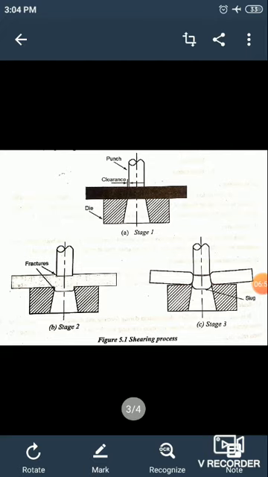During further movement of the punch, the material starts deforming elastically.